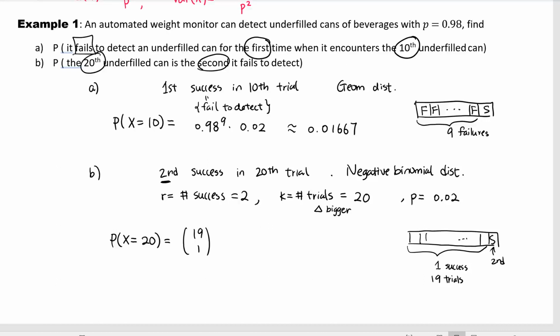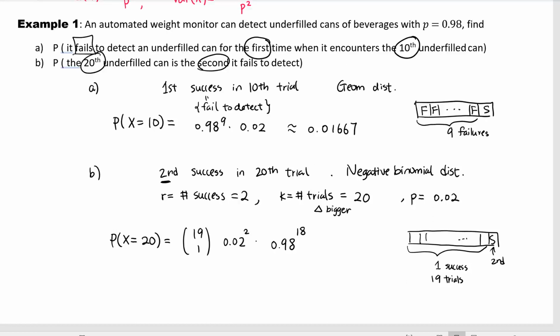Okay, and then look at all of them. How many total success are there? Well, with 2 success, the probability of success is 0.02, times the probability of failure, which is 0.98. How many failures? We have 20 trials and 2 success, so 18 failures.